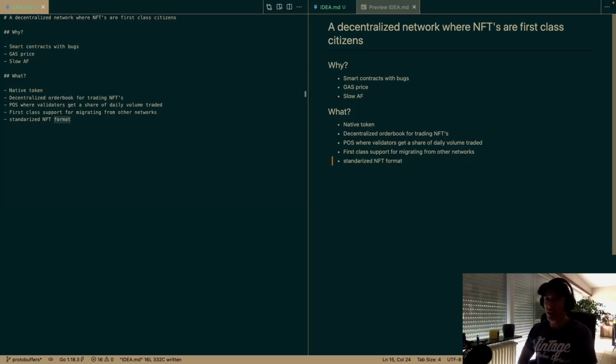So why do we need this? Well, smart contracts today, it's a very cool concept, but smart contracts is causing a lot of issues. It's super hard. First of all, there are a lot of bugs in them, and like I said, Solidity is not... I need to be very careful what I'm gonna say, because it's gonna cause a lot of pitchforking, or whatever you want to call it.